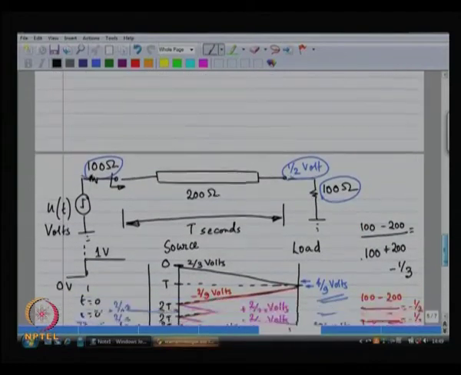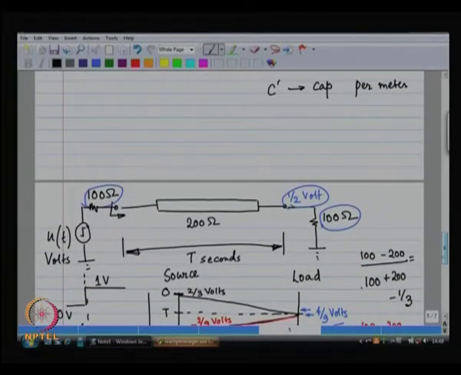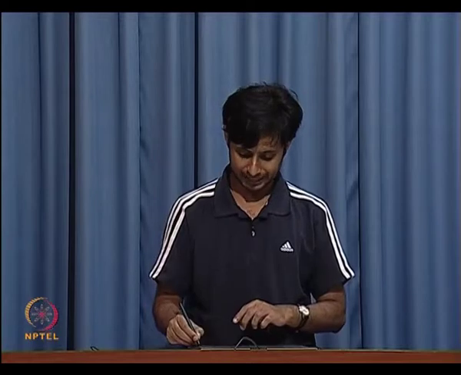Okay. Now, what else is important over here? Something very important we observed in our very first example. When I had the load resistance equal to the characteristic impedance, no reflections took place.